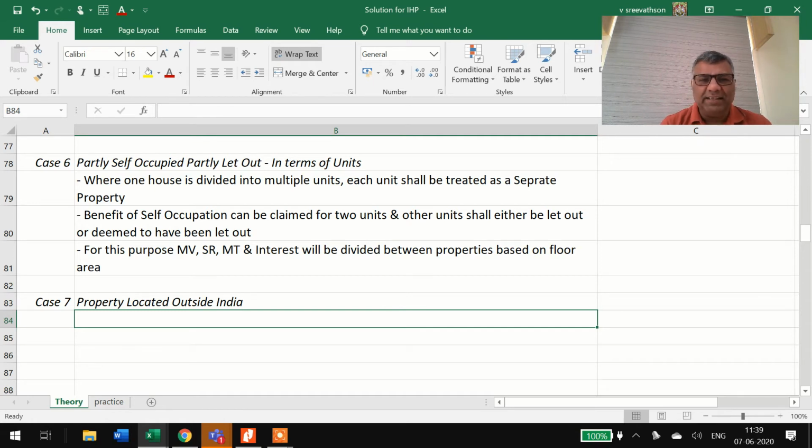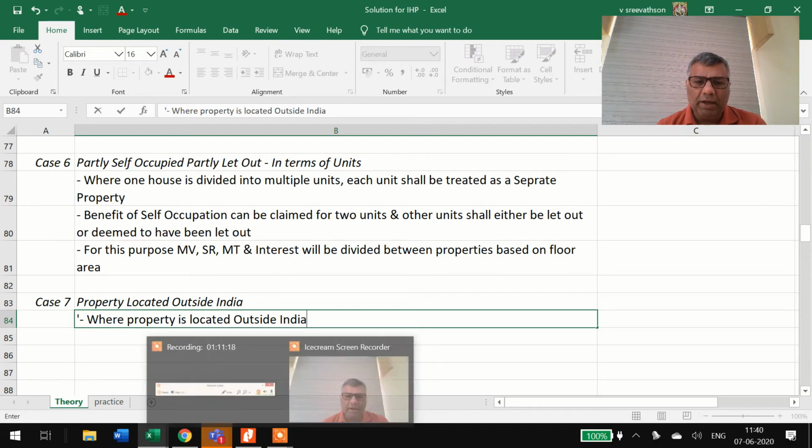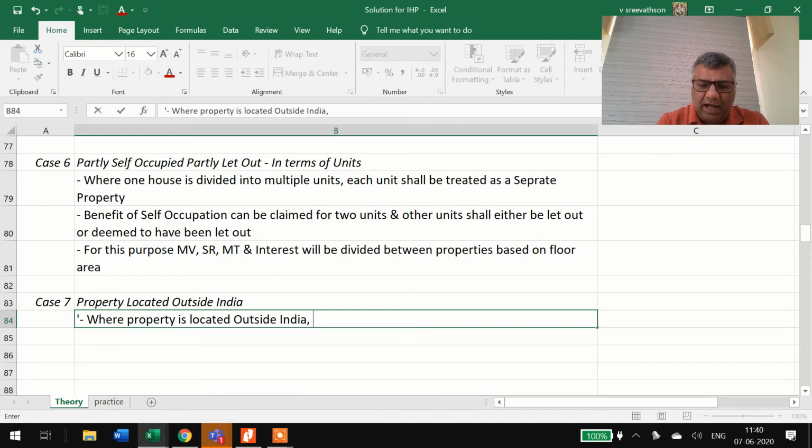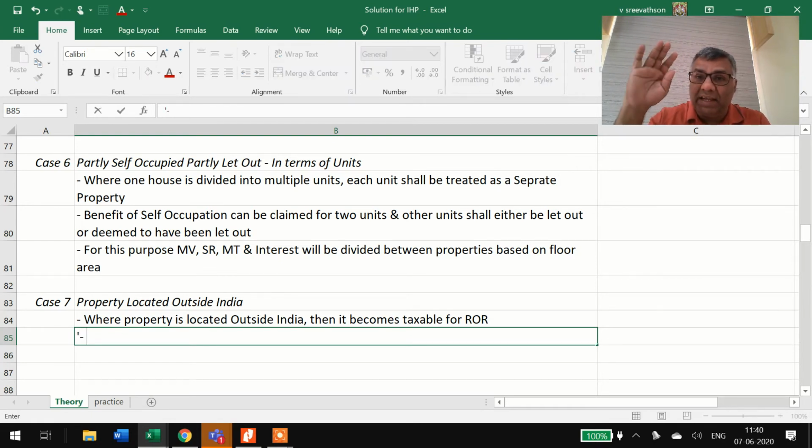Where property is located outside India, then it becomes taxable for ROR, because global income is taxable. Wherever he earns, however he earns, it is taxable.